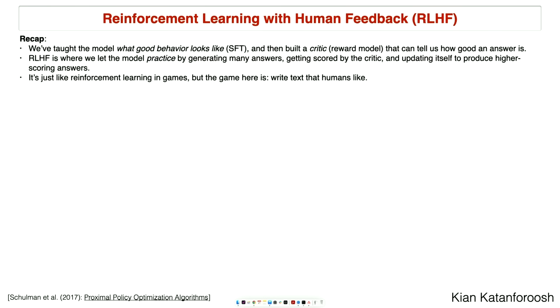And the RLHF approach is where we will let this model practice, get scored by the reward model or the critic, and update itself to produce higher scoring answers, so more preferred answers. And it's the same as the games we've seen together, but some things differ.